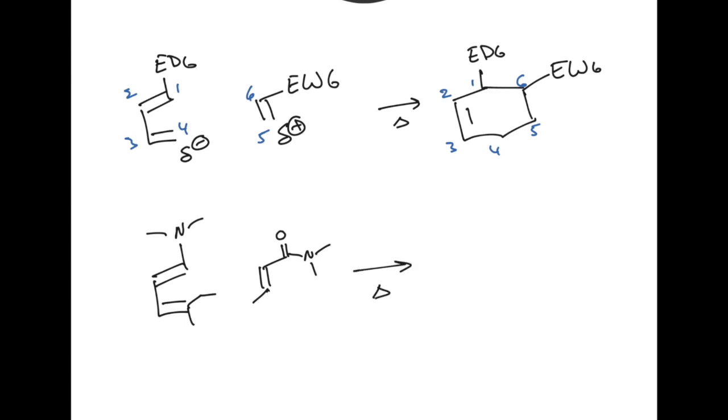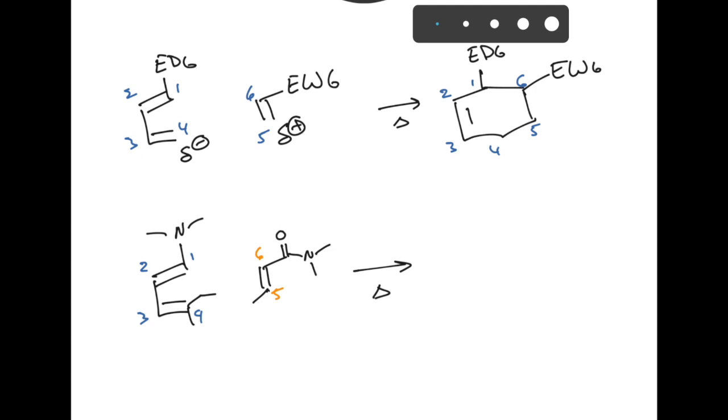So now we can pile all this stuff we've been doing on top of each other, right? I think the first thing you want to do is figure out which carbon is negative and which one's positive. So which one's negative? Carbon 1 has a donating group.